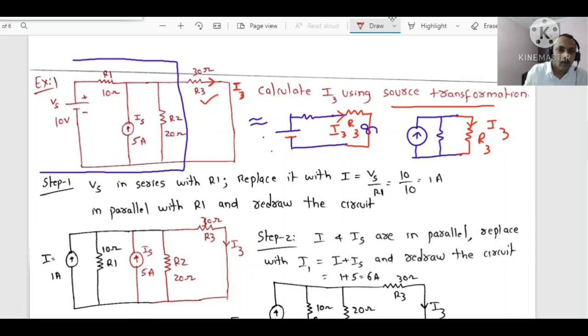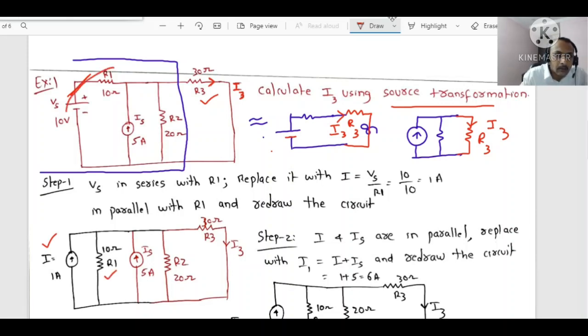Yeah. Now let me simplify. First observe, on looking into the problem itself, we are confident that this voltage source Vs is in series with the resistor R1. So from source transformation, this voltage source can be replaced with a current source in parallel with the resistor, and you redraw the circuit.